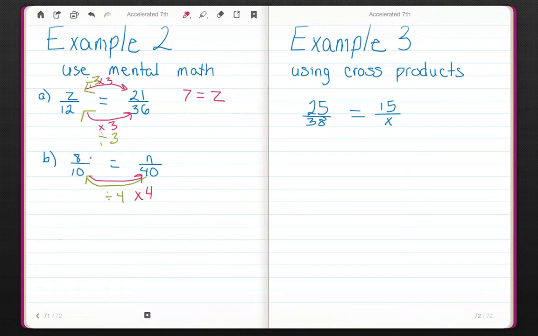Since I don't know what n is, I'm going to go this way and multiply, and 8 times 4 is 32. Now, you don't necessarily need to write this. That's why it's called mental math. I should be able to look at the numbers and say, 10 times 4 is 40, so 8 times 4 is 32, n equals 32, and not have to do any math on paper.